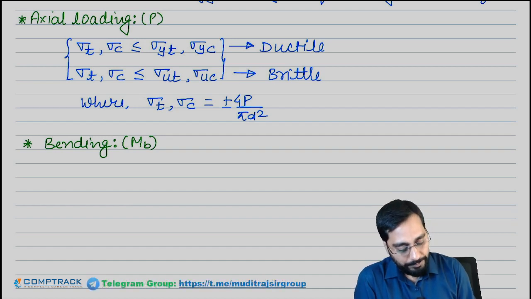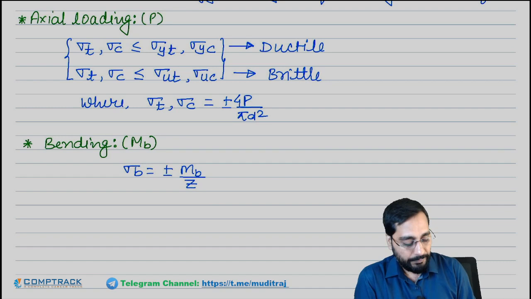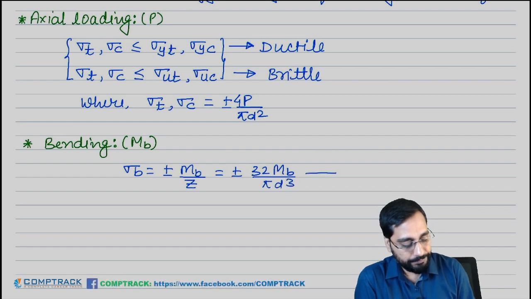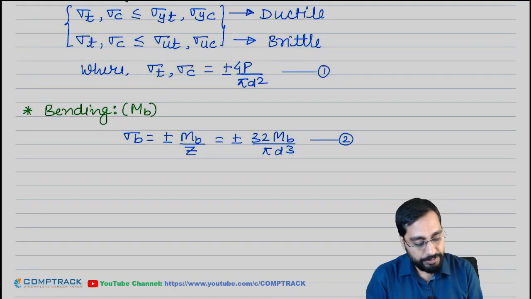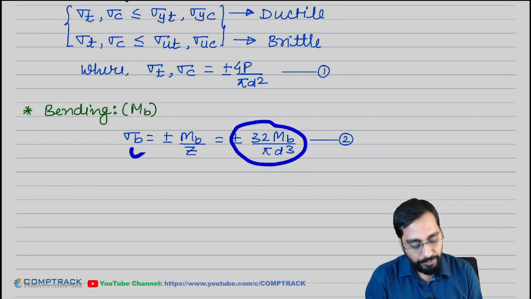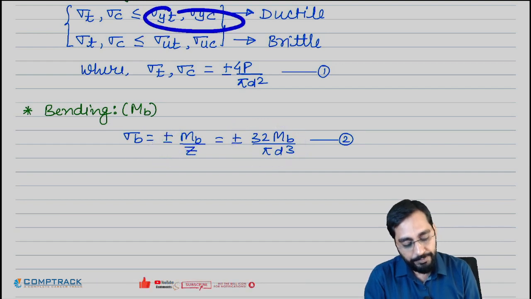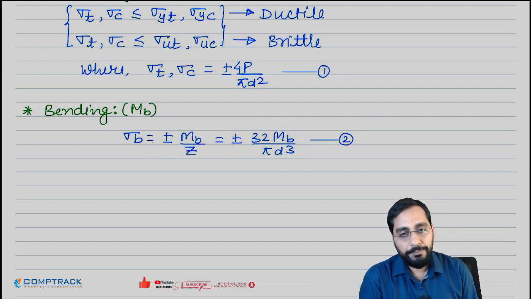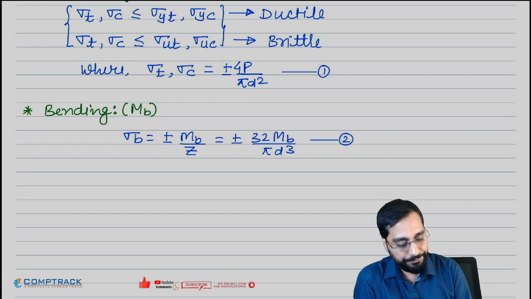So sigma b will be equal to maximum plus minus M by Z, and this will be plus minus 32 Mb over pi d cube. That's it. This will again be tensile or compressive, so it must be within limits like yield and ultimate strength, right.